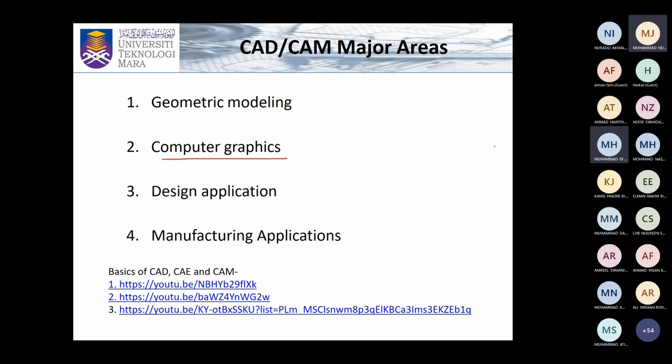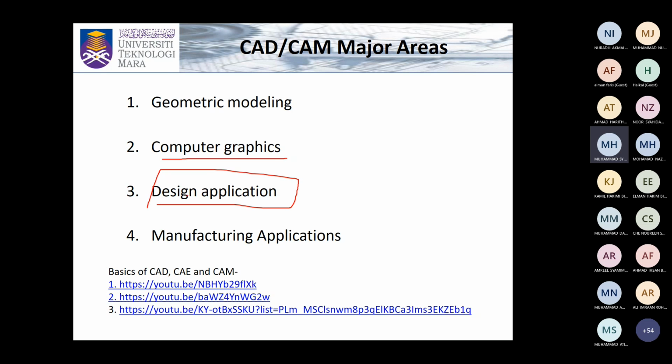Hence, for those very same reasons, we need computer graphics for modeling in our software. Some of you would have been exposed to SolidWorks before this, or even CATIA, so you will understand that when it lacks computer graphics, it will not be smooth. So we have geometric modeling, computer graphics, and then the design application.